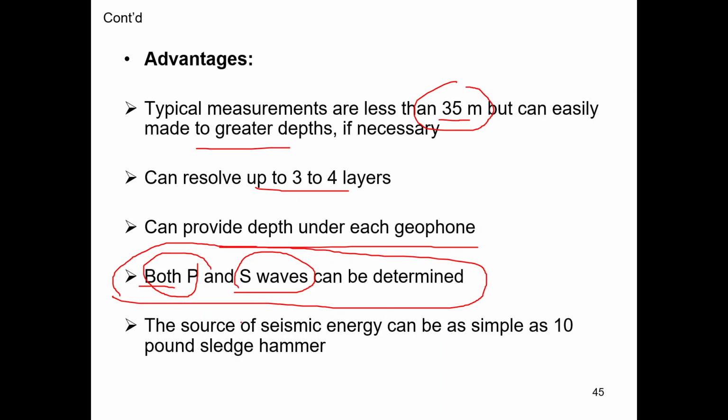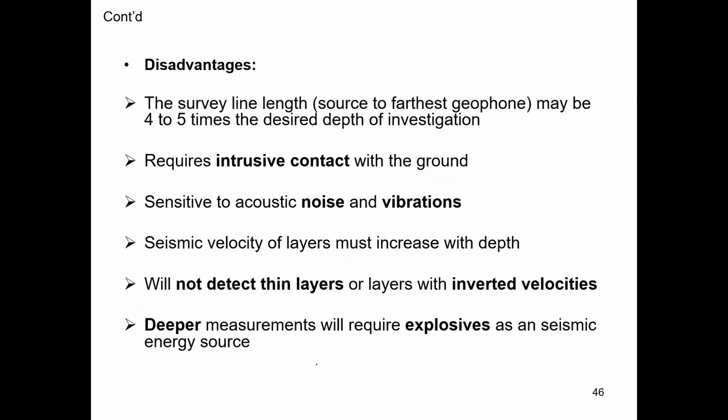The advantage is using a simple source, a seismic hammer, which is a sledgehammer. The disadvantages: with a 115 meter survey length, we only get up to 30, sometimes 35 meters depth, depending on the site conditions.